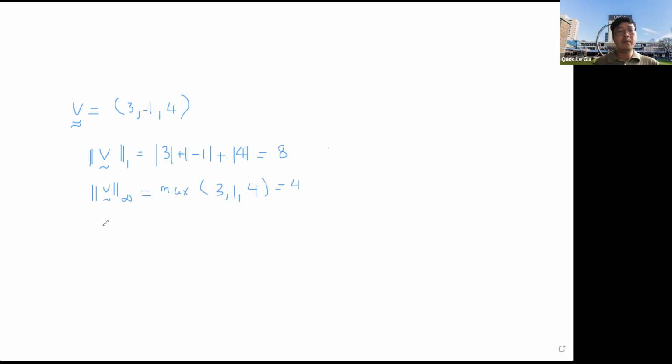And the 2 norm. This is the Euclidean norm, that's another name for it. So the 2 norm is just 3 square plus 1 square plus 4 square, and then take the square root.